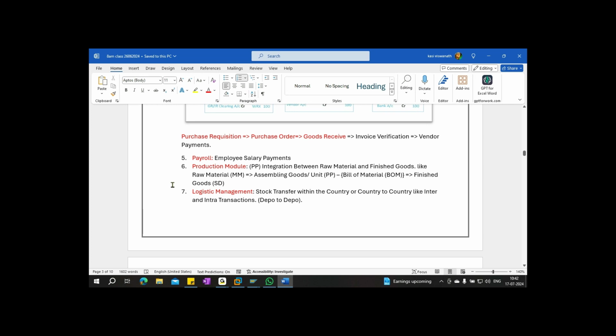So here, raw material is from material management, and then the assembling unit, which is nothing but PP, production planning.